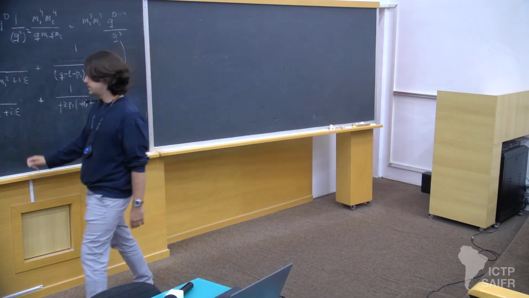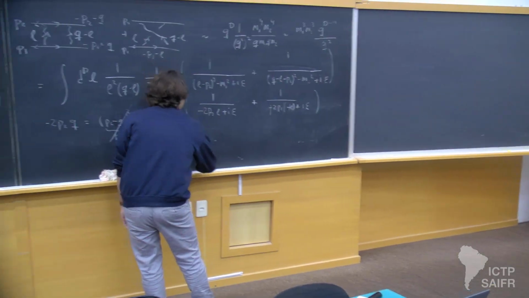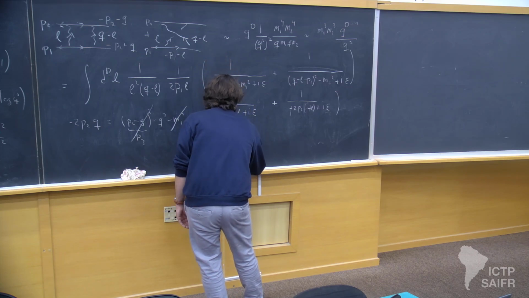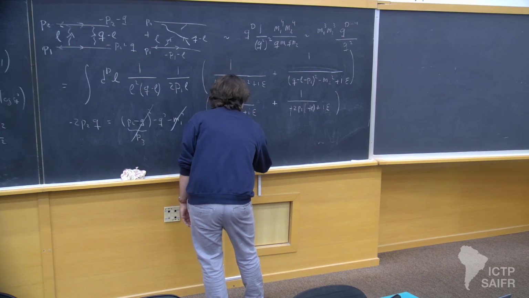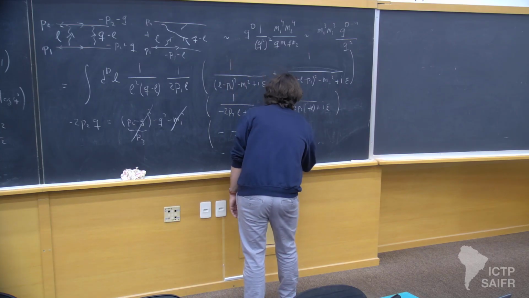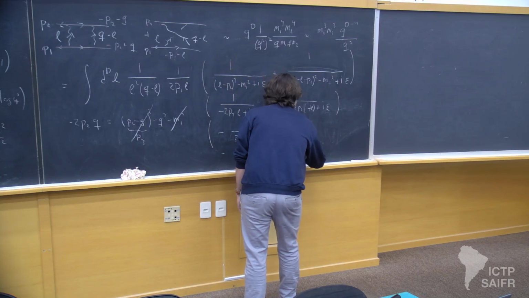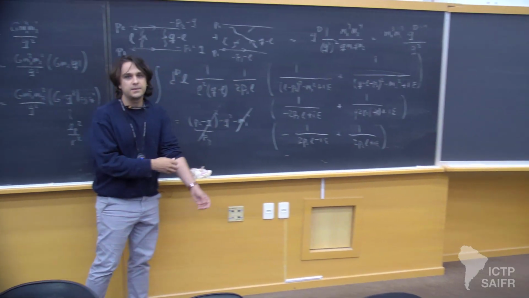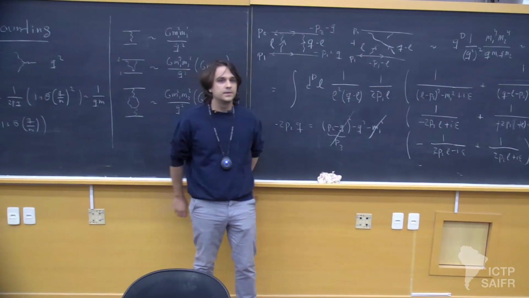So what do I have? This combination is minus 1 over 2 P2 dot L minus i epsilon, I just pulled out a minus sign, plus 1 over 2 P2 dot L plus i epsilon. Does anybody know what that actually corresponds to?